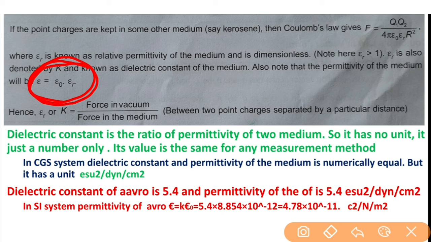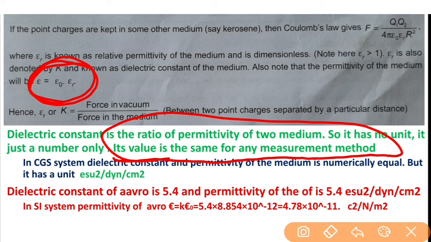It has no unit and is just a number, so its value is the same for any measurement system. That is very important. The dielectric constant has the same value in any measurement method.